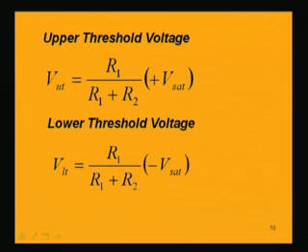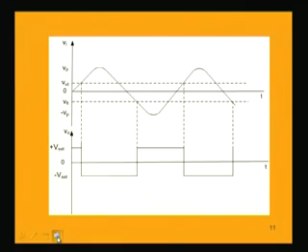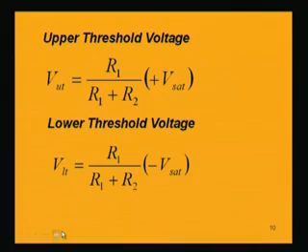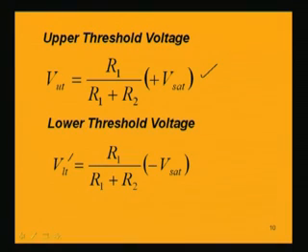V ut is the upper threshold voltage. When we have the output voltage V saturation, it gives a voltage V ut, which is equal to V sat positive into R1 by R1 plus R2. And in the lower threshold, that is minus V sat into R1 by R1 plus R2, that is V lt.